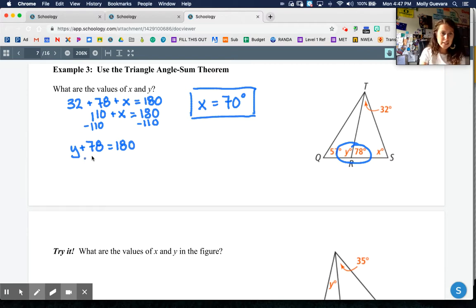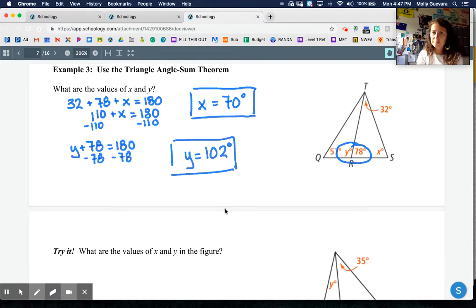If I subtract 78, I get that y is equal to 102 degrees. And that's it. Okay, I want you to go ahead and try the next one. I'll scroll down here in a second. But go ahead and try the next one. And then when you are ready to check your work, go ahead and just hit play on the video.